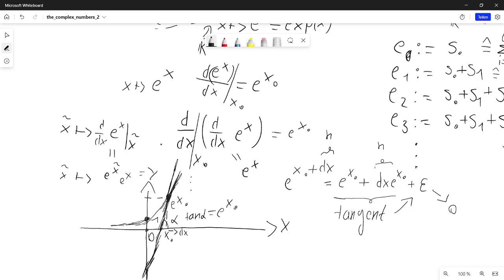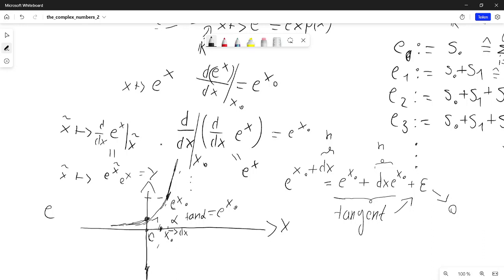Right. That's okay. I have drawn it wrongly. That's true. The thing is, e^x is increasing, right?